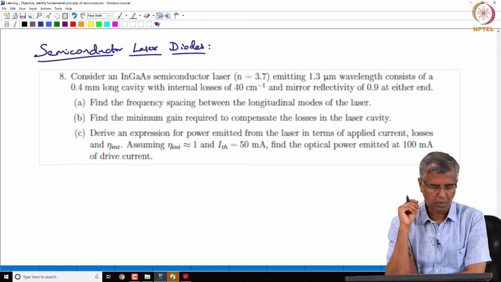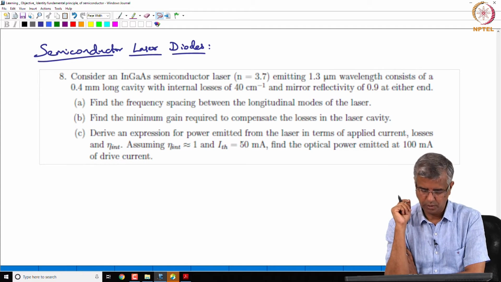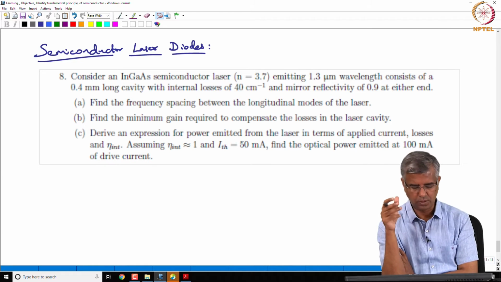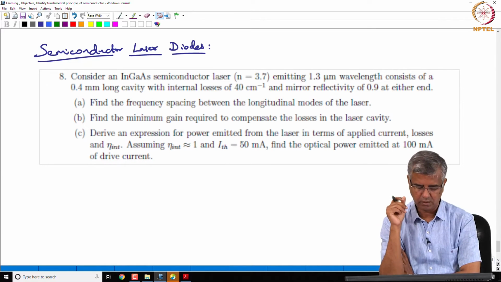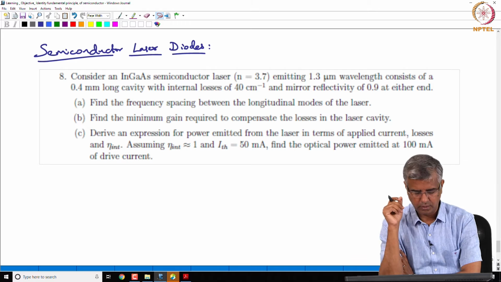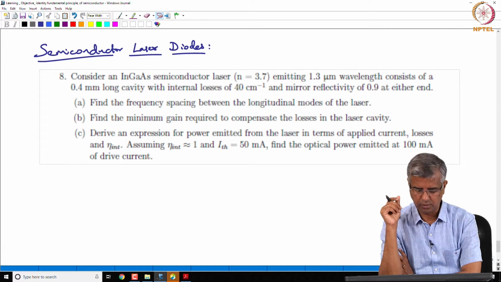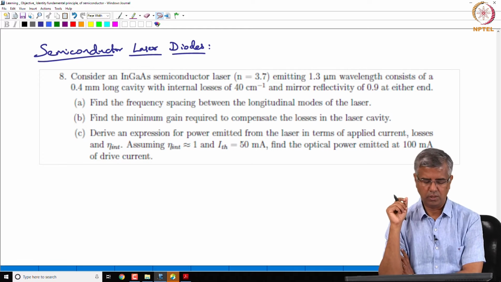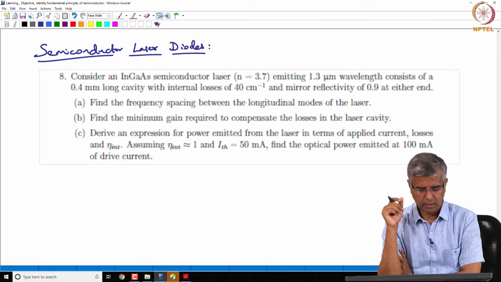Okay, so we'll try to find such an expression as well. And then of course if you assume eta int is 1 and the threshold current is 50 milliamps, find the optical power emitted at 100 milliamps of drive current. So, this is what we want to achieve.